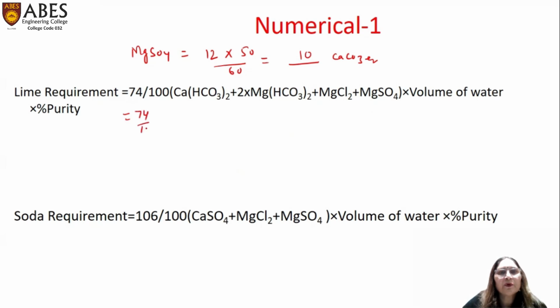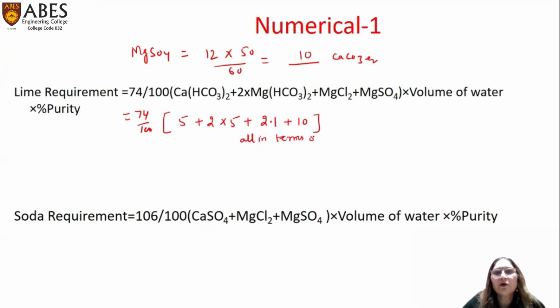So 74 upon 100 into calcium bicarbonate 5 plus 2 into 5 plus magnesium chloride 2.1 plus magnesium sulfate 10, all in terms of calcium carbonate equivalent, into volume of water, which is 50,000.